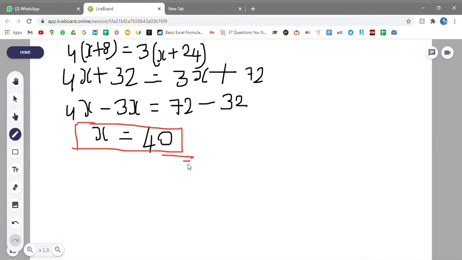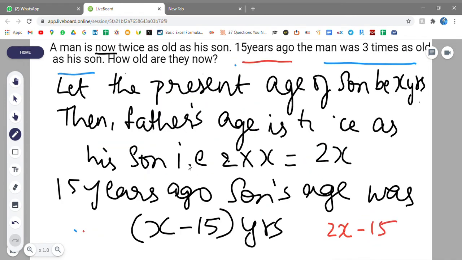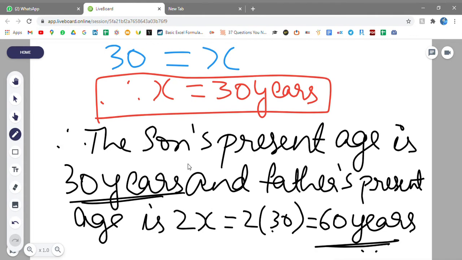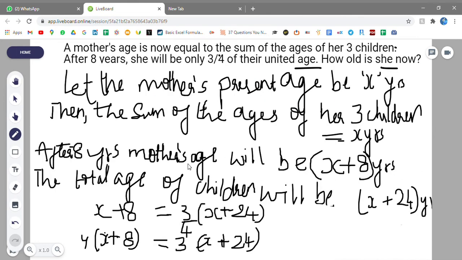If we go back and check in the question or wherever we had defined, let the mother's present age be x years.